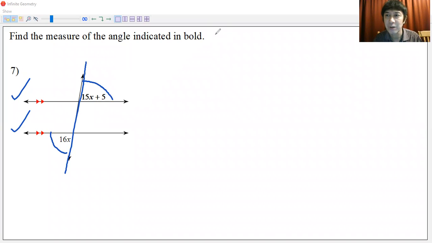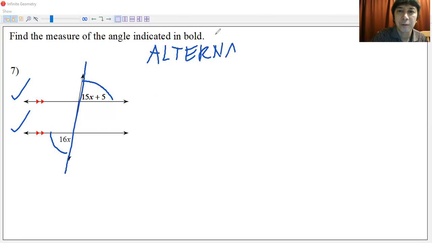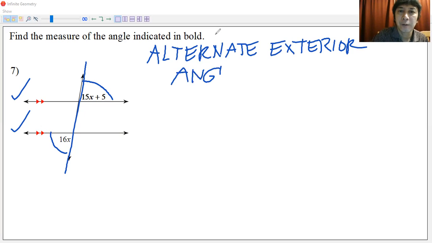So this is called alternate exterior angle pair. Alternate exterior angle pair.